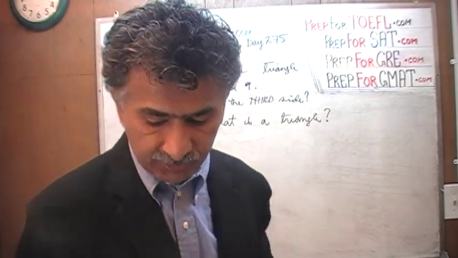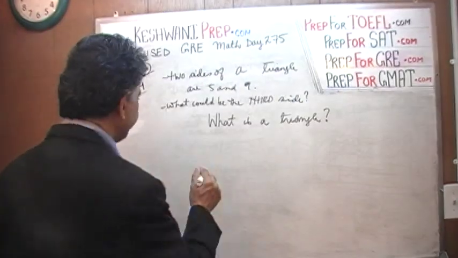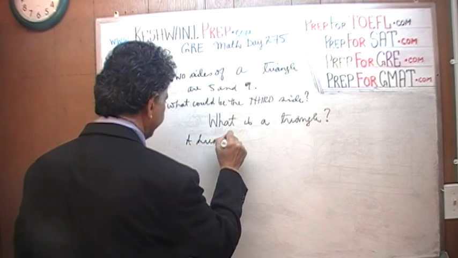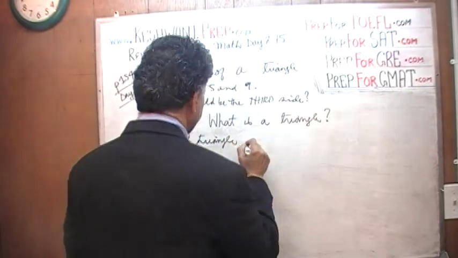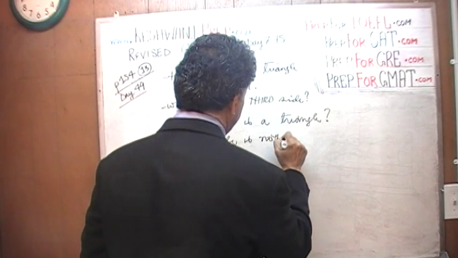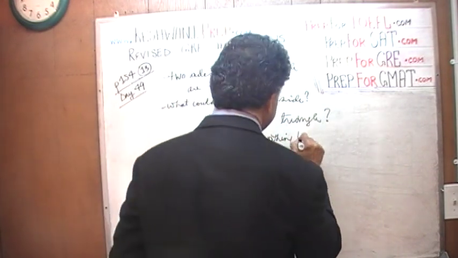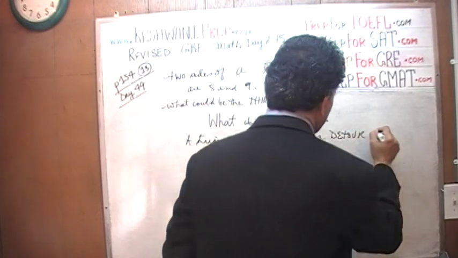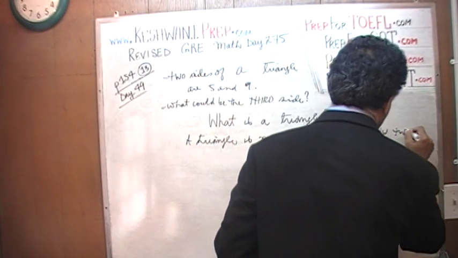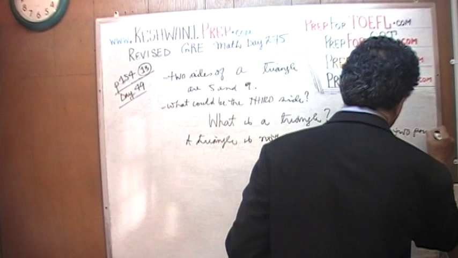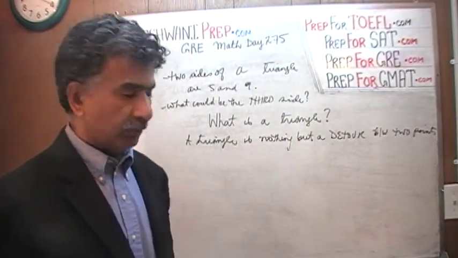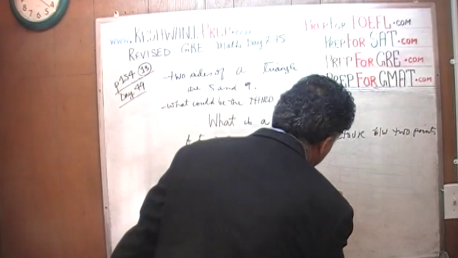The answer is, a triangle is nothing but a detour between two points. For example, I have a choice.